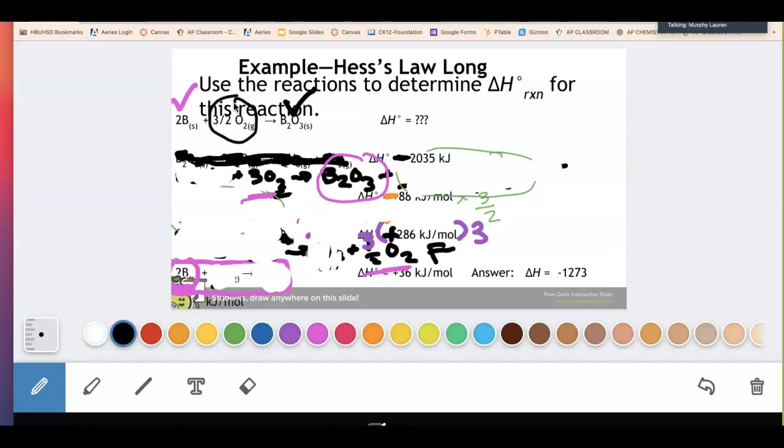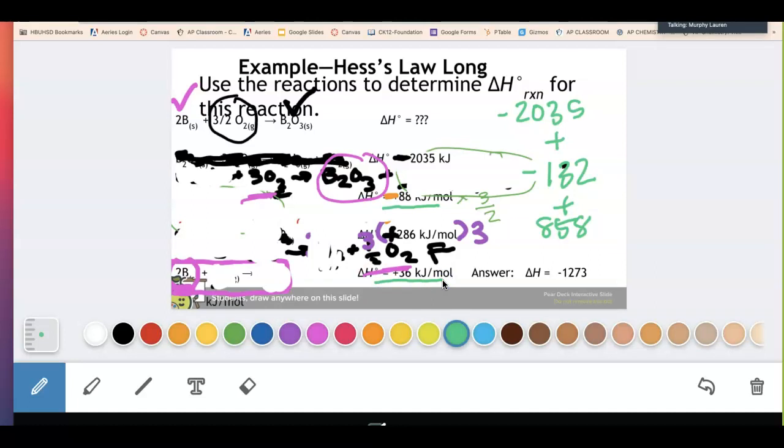So now we're going to take all these numbers and combine them together. So negative 2035 plus, all right, this one, we split the sign and we multiplied by 3/2. So it's negative 88 times 3/2. So that's negative 132 plus 286 positive times 3. That's 858. And then we didn't touch that bottom one.